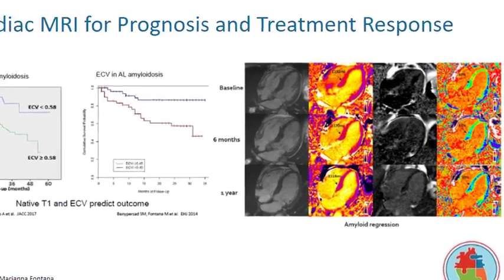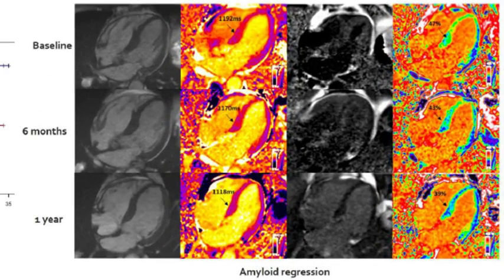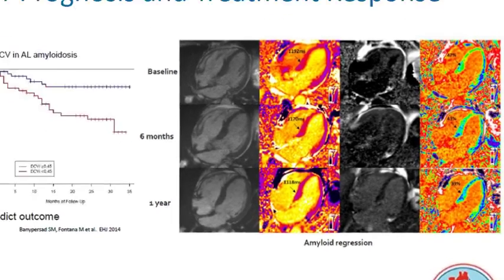On the right is an example of a patient with light chain amyloidosis who underwent serial cardiac MRI studies at baseline and after treatment of 6 months and 1 year while on AL therapy. And this patient was found to have regression of cardiac amyloid involvement by T1, late gadolinium enhancement, and extracellular volume measurement techniques.